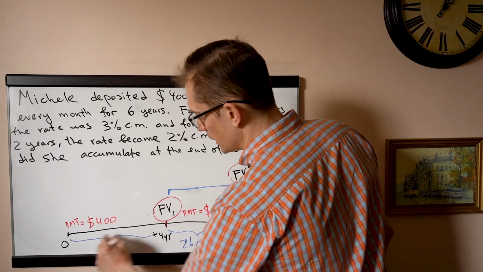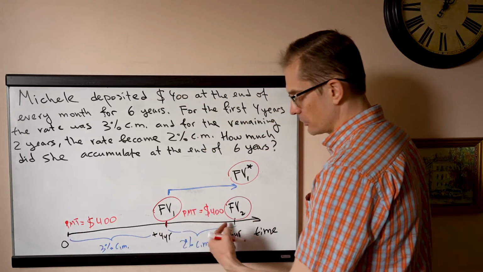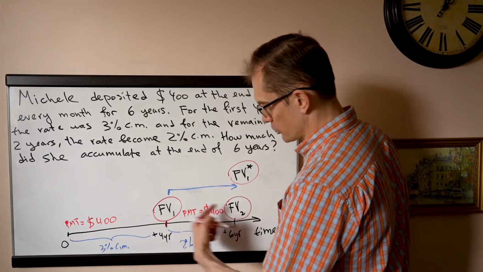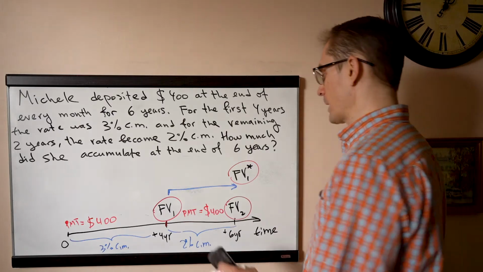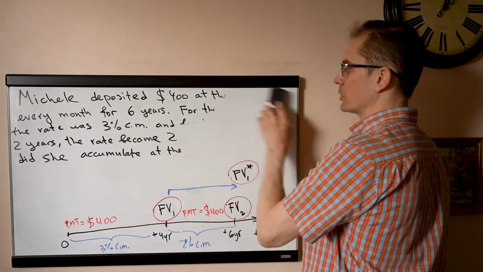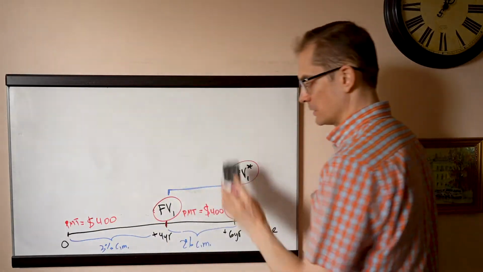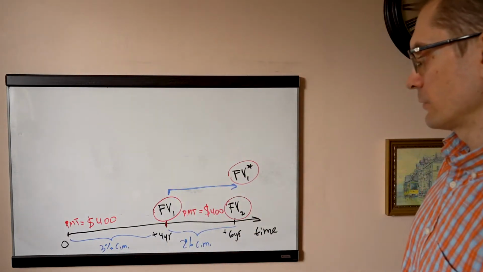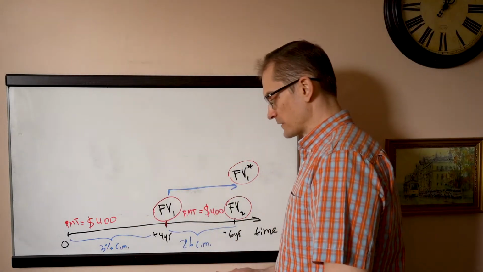So in this first annuity, PMT is going to be $400, and then the second annuity, which is induced by the changed rate, the PMT is also $400. So now I can erase this problem and we'll use this graph to navigate through the solution.